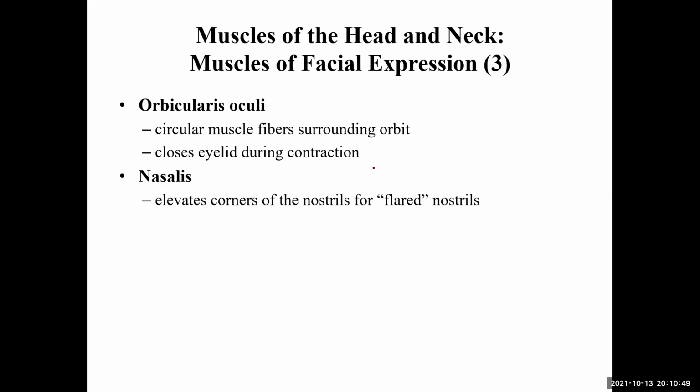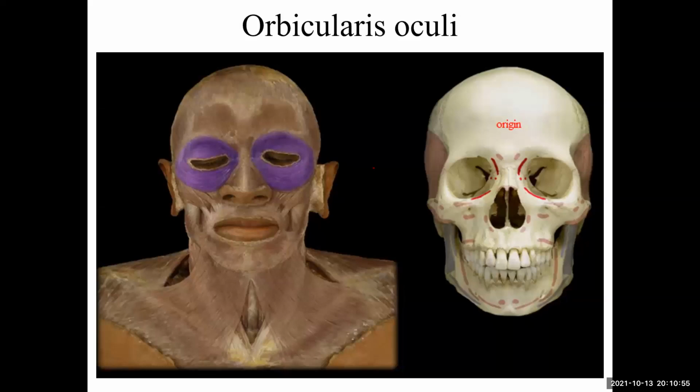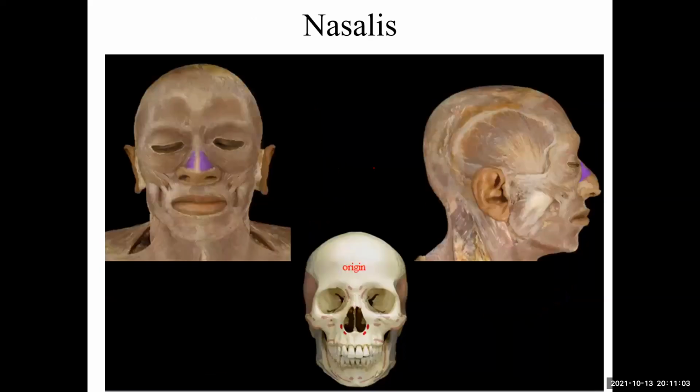Then we have nasalis. That's the muscle that sits on the bridge of your nose and allows you to flare your nostrils. So there's orbicularis oculi. You can see how it encircles the orbits, and when you contract that muscle, it causes you to squint. And then there's the nasalis muscle, which sits right there on the bridge of your nose.